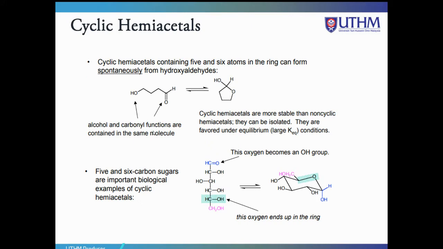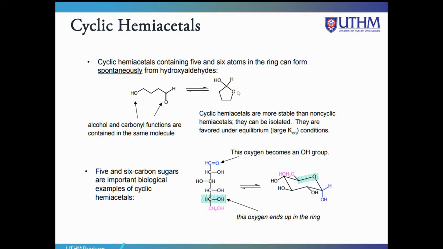Cyclic hemiacetal. Cyclic hemiacetals containing 5 and 6 carbons in the ring can form spontaneously from a hydroxyaldehyde, where the alcohol and carbonyl function are contained in the same molecule.